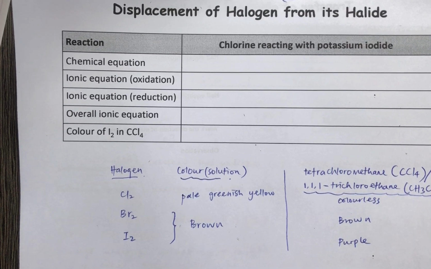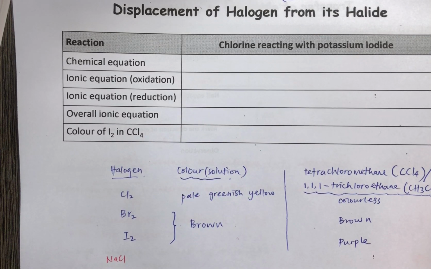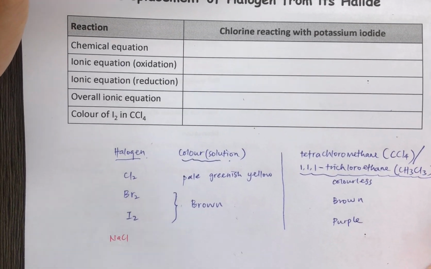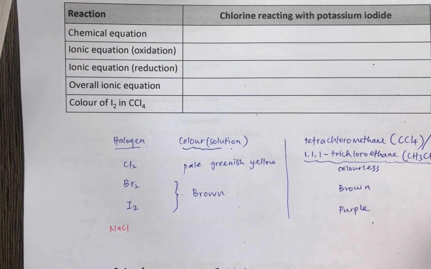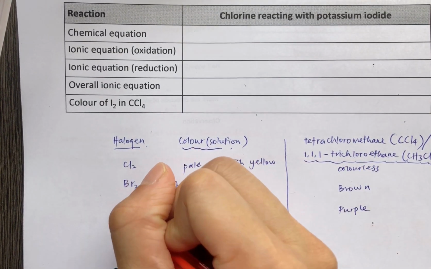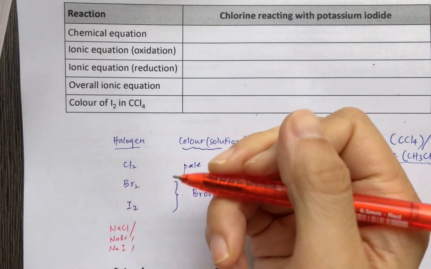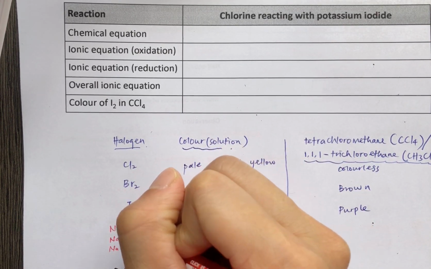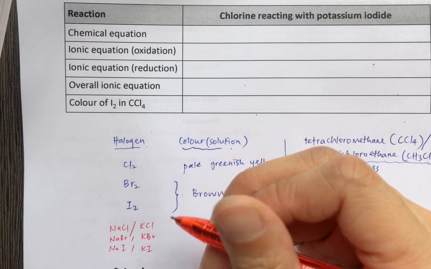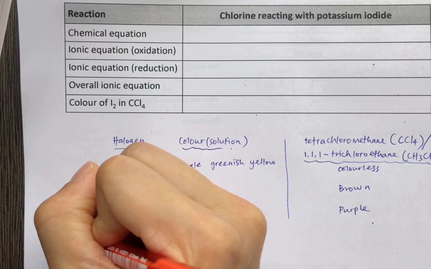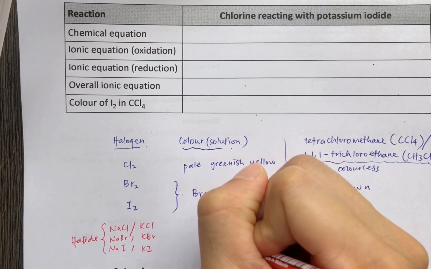When they are in a compound, for example NaCl, which is the table salt that I eat, does the salt solution you make at home have color? It has no color. So remember, NaBr, NaI, and also potassium chloride, potassium bromide, and even potassium iodide, all of these compounds, which we generally call halides, their solutions are all colorless.